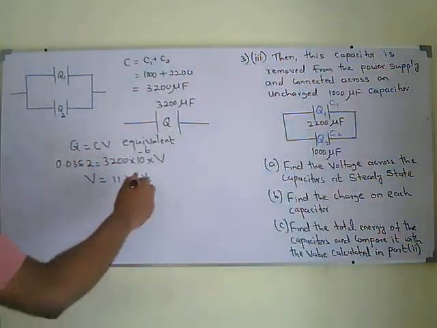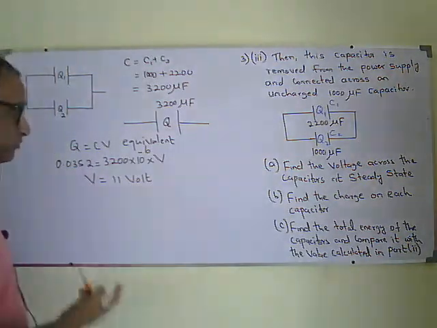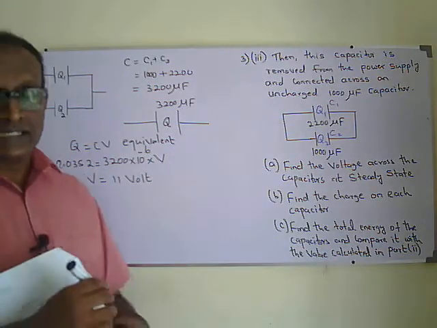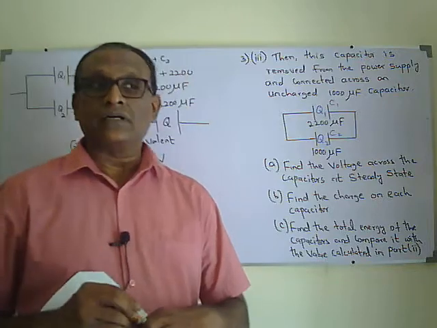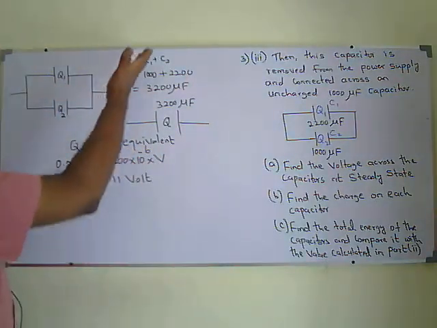That way also I can find the final voltage, but this answer won't be given in the Edexcel mark scheme, because in Edexcel you don't have equivalent capacitance, but other exam boards will follow this method.